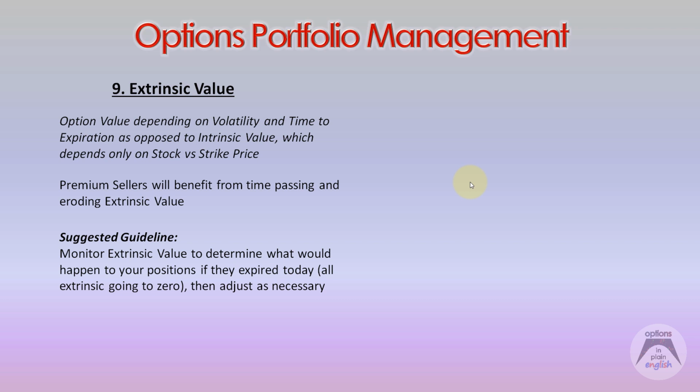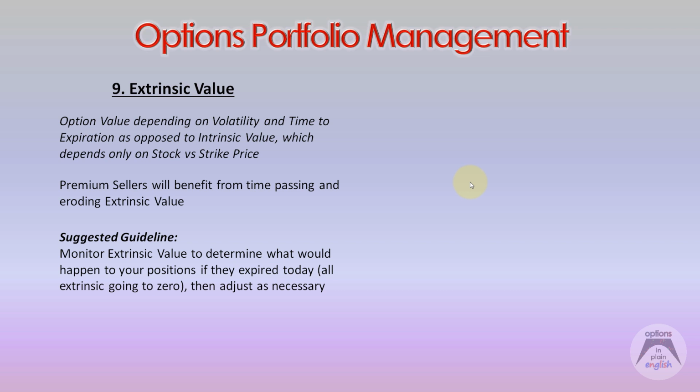You look at extrinsic value, your whole $3 is extrinsic value, which means that if we fast forward in time, and the options expire right here with this underlying price, then you would lose everything. So knowing this is going to allow you to make a determination whether you want to roll, adjust, take them off, etc. And again, you have trade management principles or guidelines, which are going to guide every component of your portfolio.